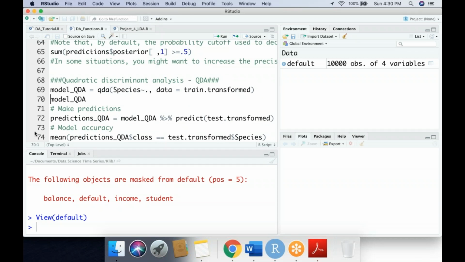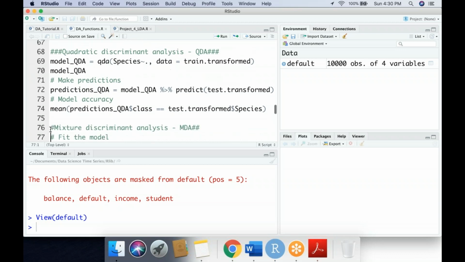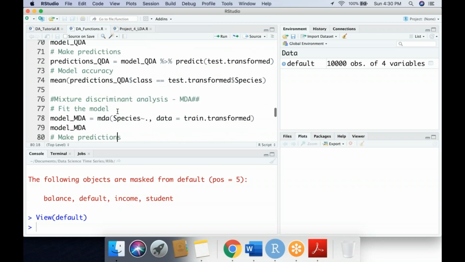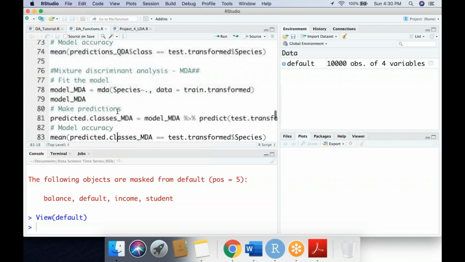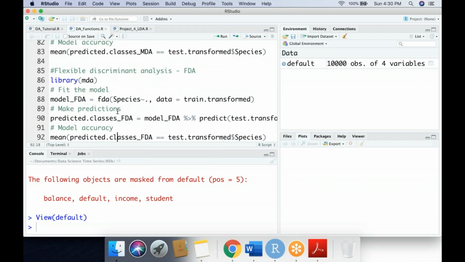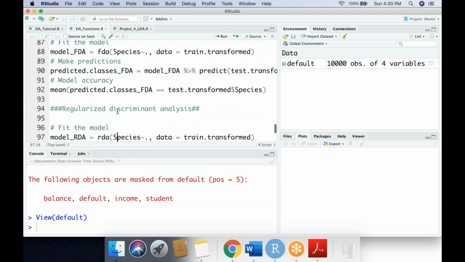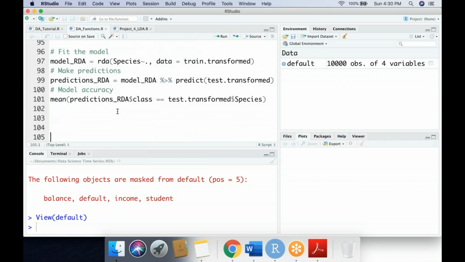After QDA we have also learned MDA. After MDA we have learned FDA, that is flexible, then RDA. So you can run various different models and see how the phase separation is happening and how the discrimination of the outcome is coming. That is what we wanted to see.